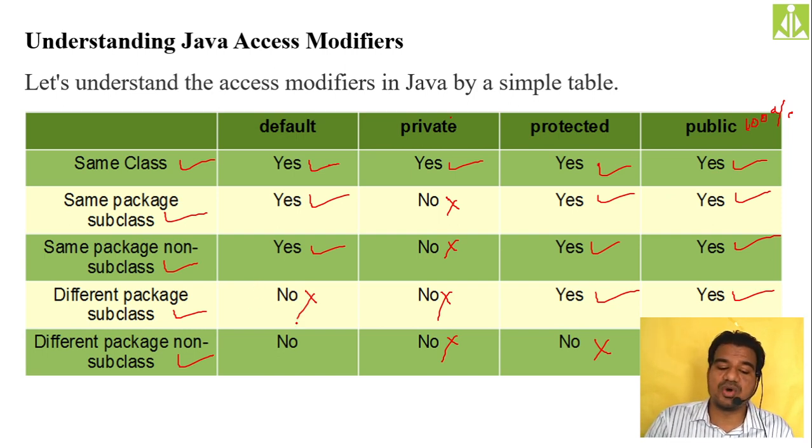There is no access at all. Default means outside the package we cannot access. Outside the package the access is completely restricted, zero access. Within the package, within the class, outside the class, in subclasses, everywhere we can access.